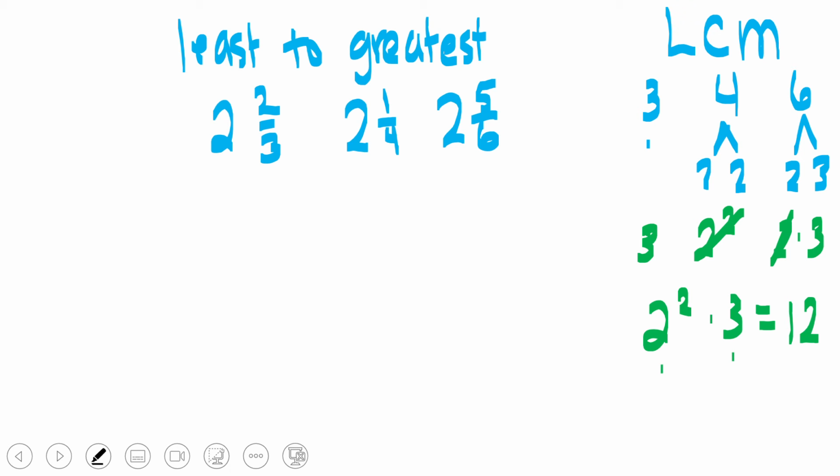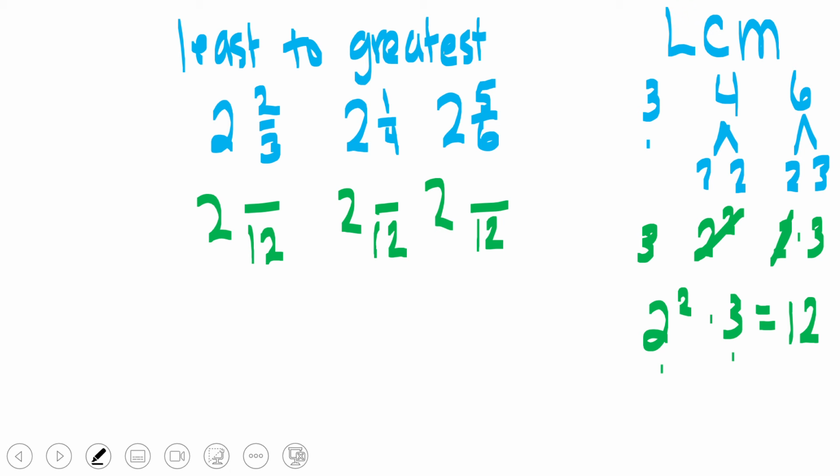Our new like denominator for each fraction will be 12. 2 can go out here in front. 3 times 4 is 12, so 2 times 4 on top is 8. 4 times 3 is 12. 1 times 3 on top is 3. 6 times 2 is 12. 5 times 2 on top is 10.